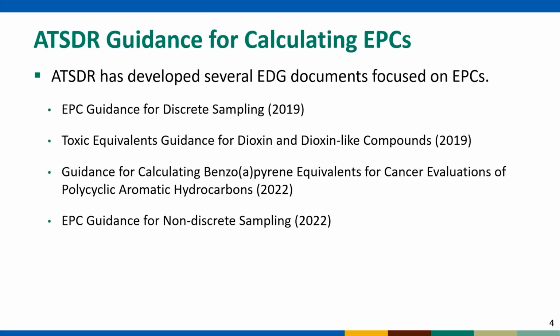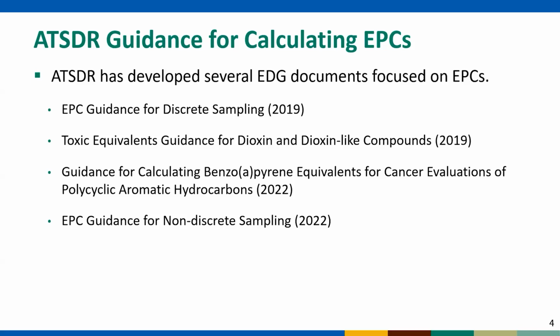Some of the exposure dose guidance documents developed over the past 3 years are specific to calculating EPCs. There is different guidance depending on the type of sample collected and the specific chemical class. In 2019, ATSDR released EPC guidance for discrete sampling, as well as guidance on how to calculate toxic equivalents when working with environmental samples analyzed for dioxins and dioxin-like compounds.